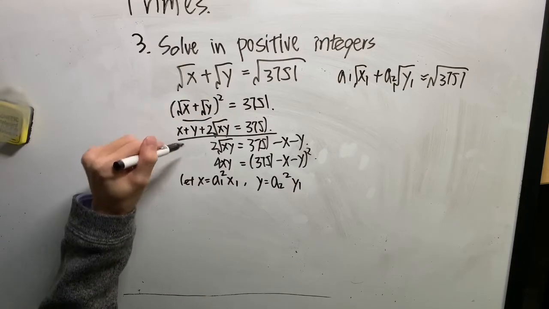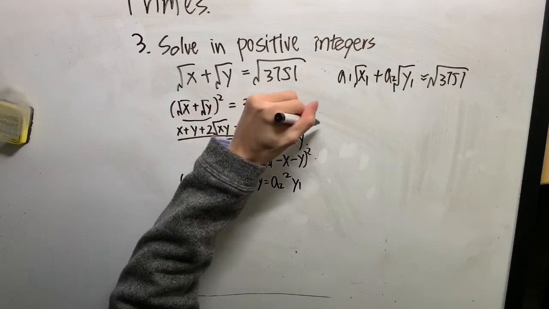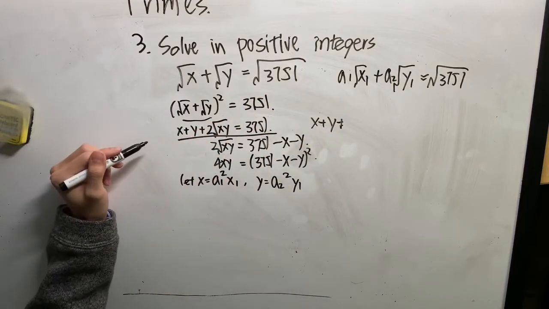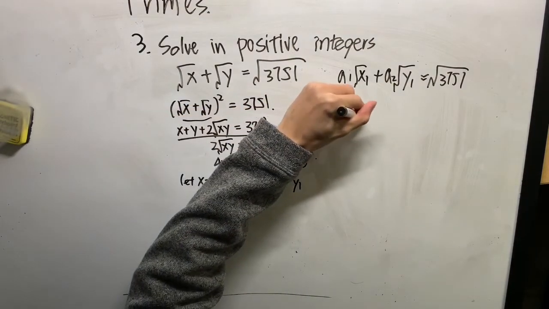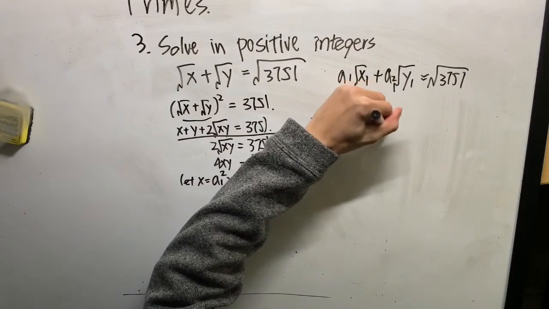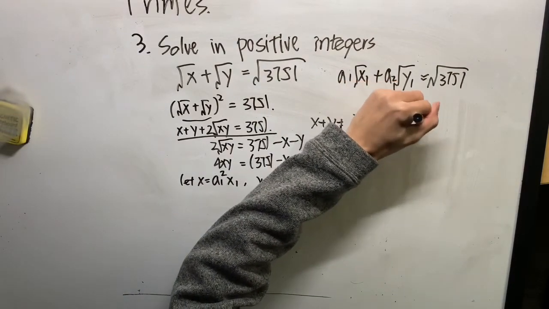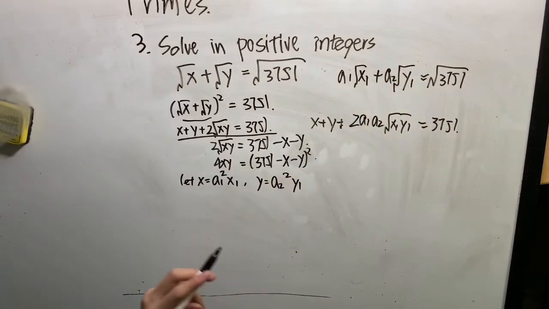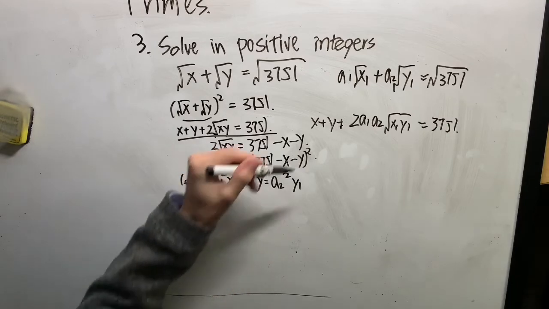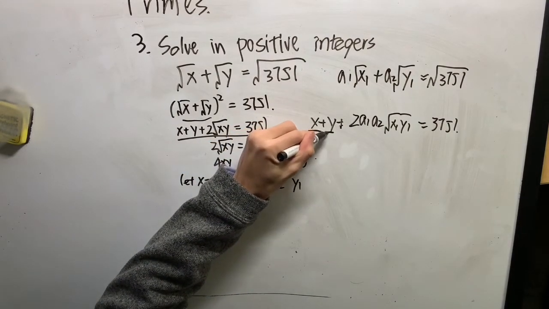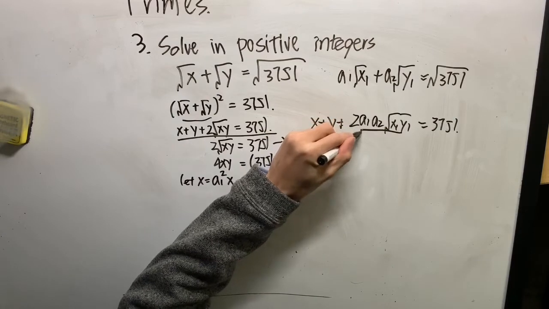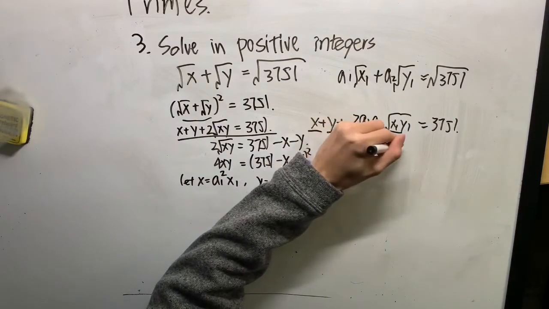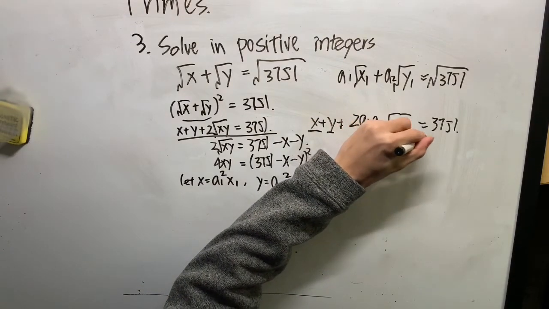And it follows that x plus y plus 2 times a1 times a2 root x1 y1 equals 3751. So you see, this is an integer and this is an integer. This must be an integer. So x1 y1 must have the property of a number squared.